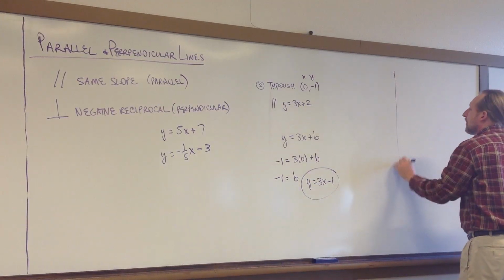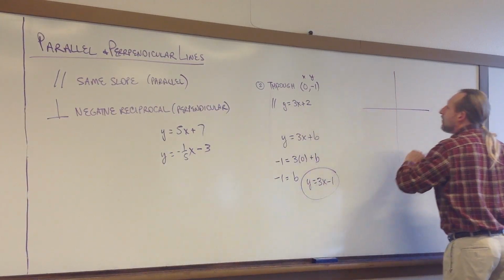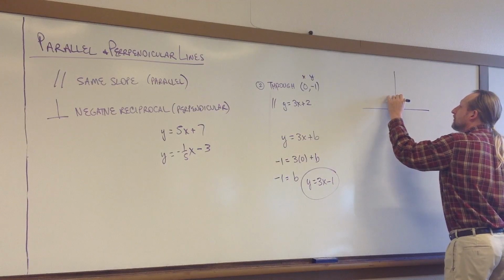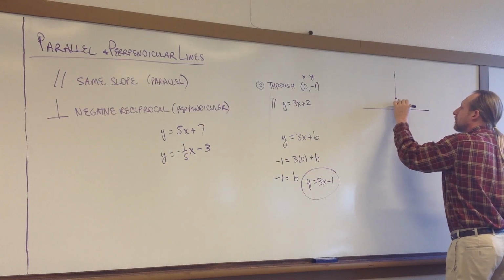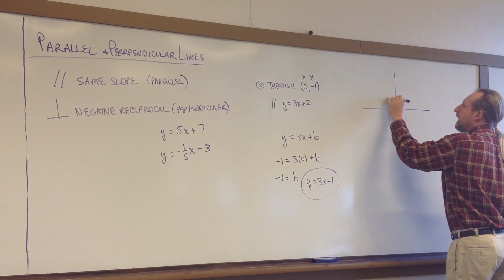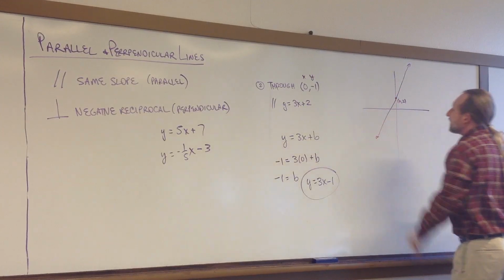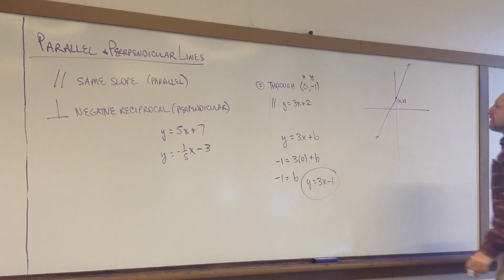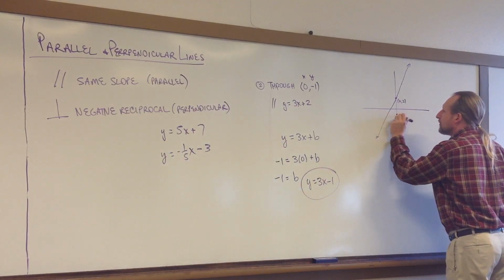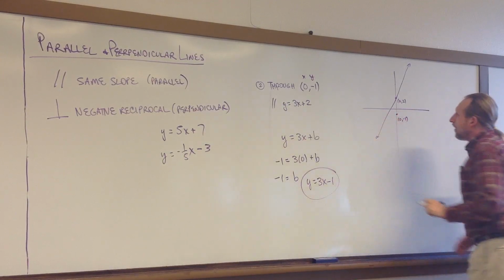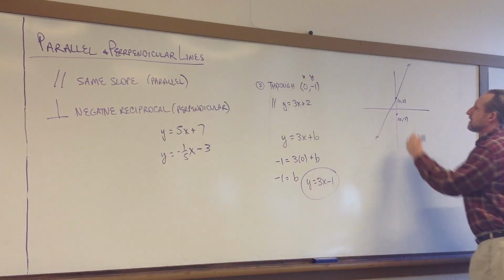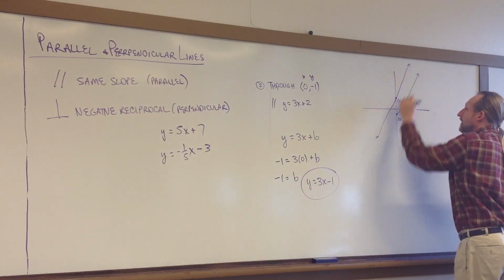All right, let's draw a graph and see what's going on. Y equals 3x plus 2. Here's the y-intercept at the point (0, 2). Then if we go up 3 and over 1, this line will look something like that. Now, we want a line that passes through the point (0, -1) and is parallel to this line. And there it is.